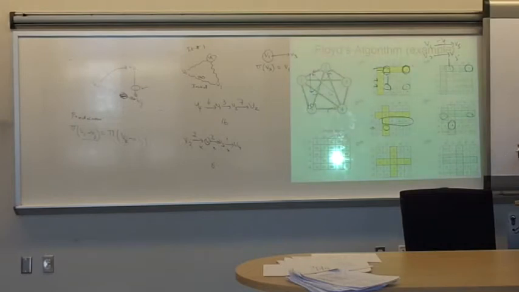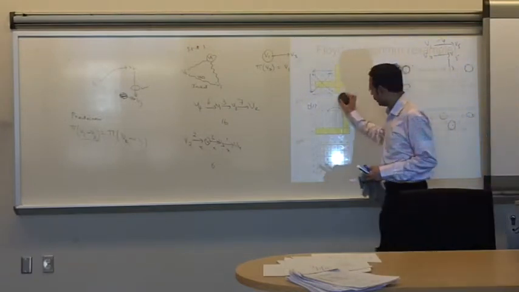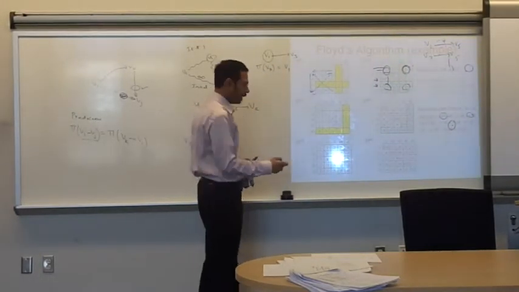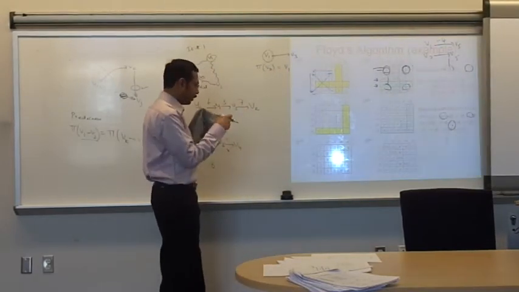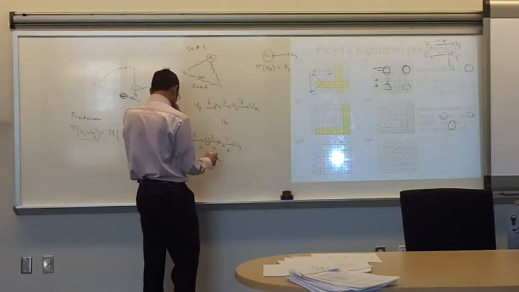So now you know how to do this, right? Let's just trace the path one more time. So let's say from V3 to V1. Once you do all these iterations, 5 iterations, you obtain the weight matrix and the predecessor matrix. So using the predecessor matrix, you want to trace the path from V3 to V1.